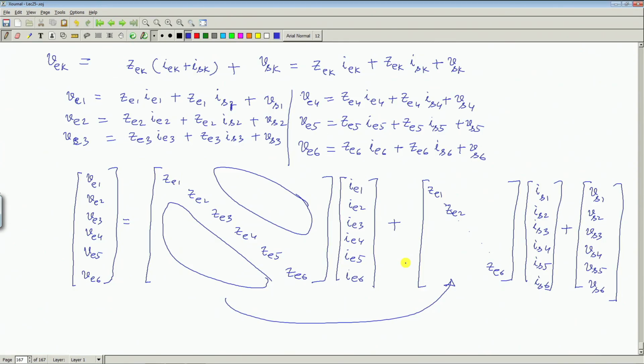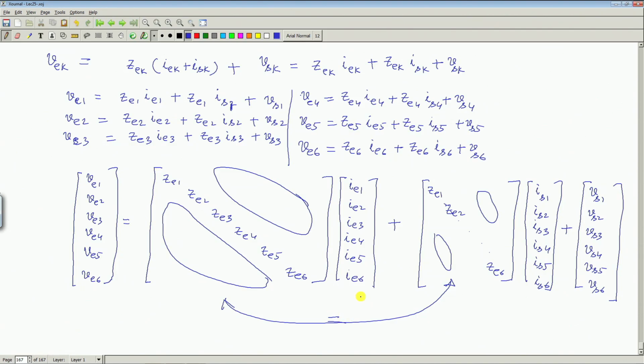So, all the elemental voltages can be written in terms of element currents and some diagonal elements. These two matrices are same.